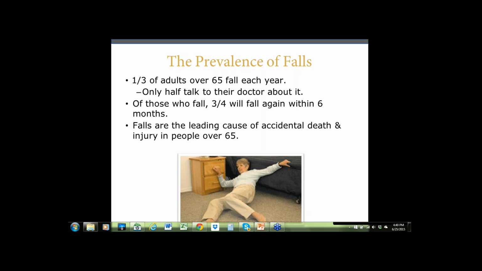This report just came out in May of 2015, and it's stating that between 2000 and 2013, the age-adjusted fall injury death rate among adults aged 65 and over has nearly doubled, from 29.6 per 100,000 to 56.7 per 100,000. So we're looking at an increase in that fall injury death rate, as well as an increase in the volume, the population that's over 65. So this is really an urgent message that we're bringing to you today.